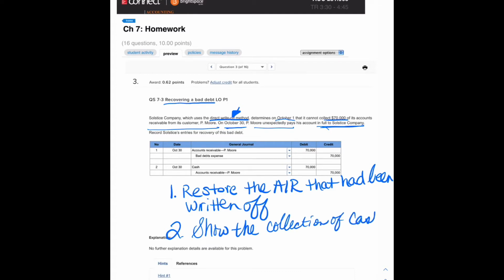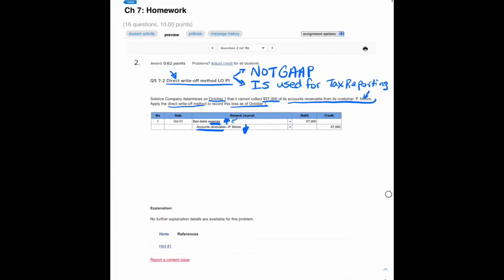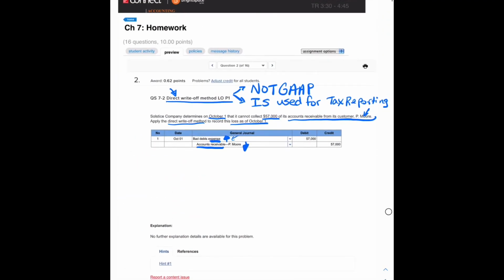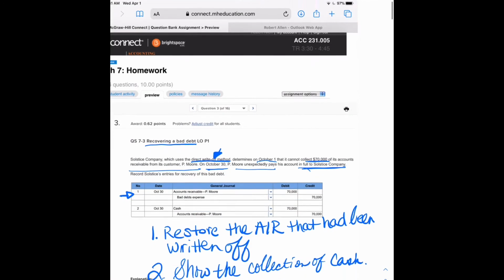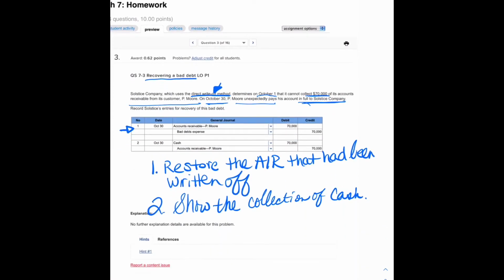In this first one, we think about what happened in that last journal entry. In fact, we can just scroll up to number 2. What we see is a debit to bad debt expense and a credit to accounts receivable. Now, you can see the numbers have changed because these are algorithmic. But if this was not algorithmic and this was $70,000, then it would be a straight reversal of this right here.